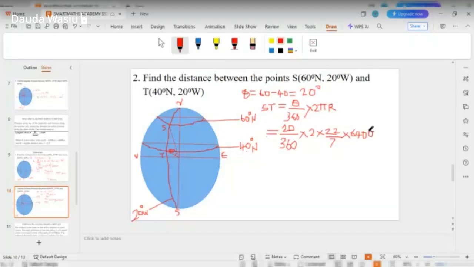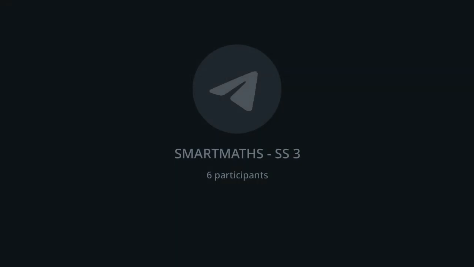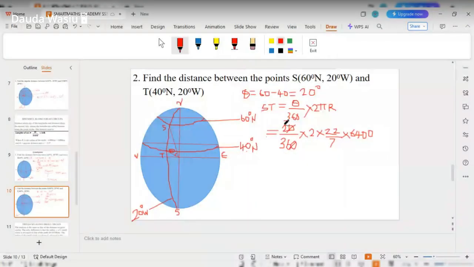20 divided by 20, divided by 360. So 0 cut is 0. Then 2 into 36, 18. Then 2 again, 2 into 18, 9. Then we now multiply 22 by 6,400.